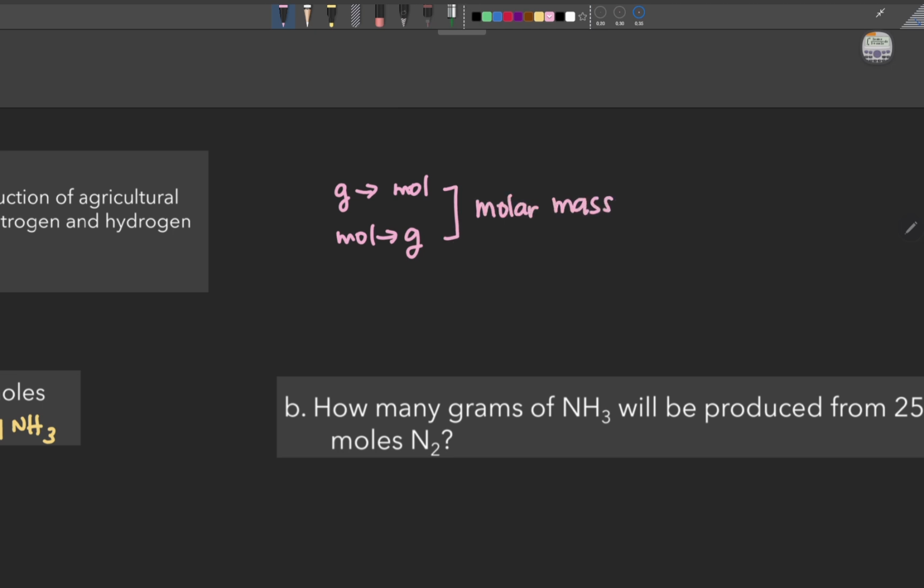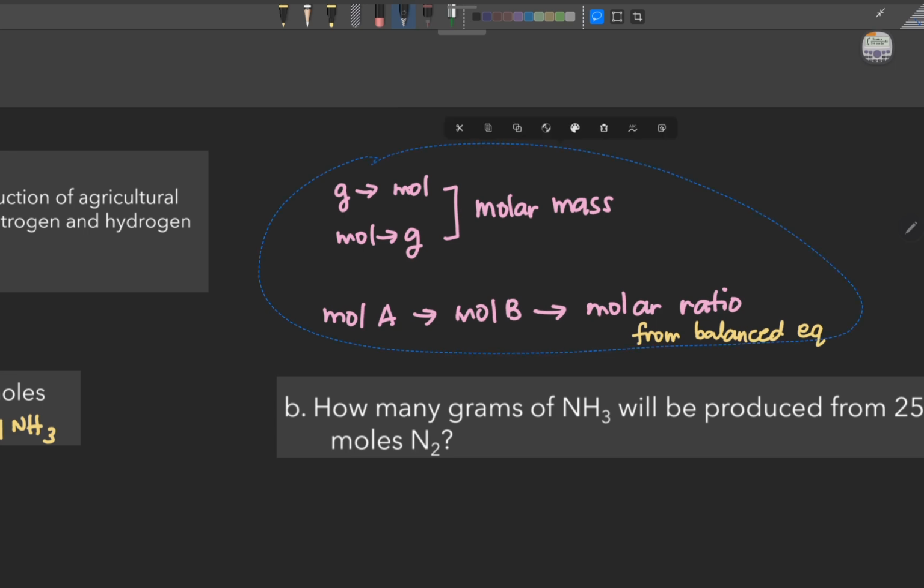But if you're converting mole of A to mole of B, you have to use the mole or molar ratio. This will be coming from the balanced equation.